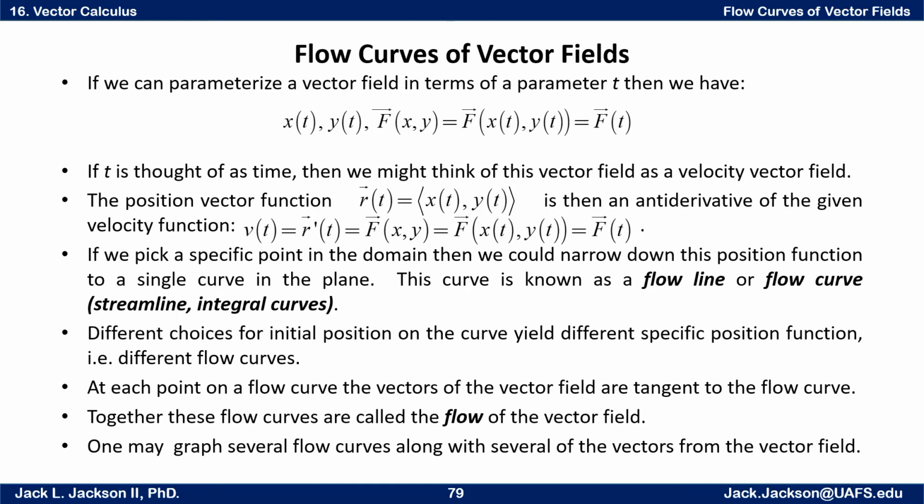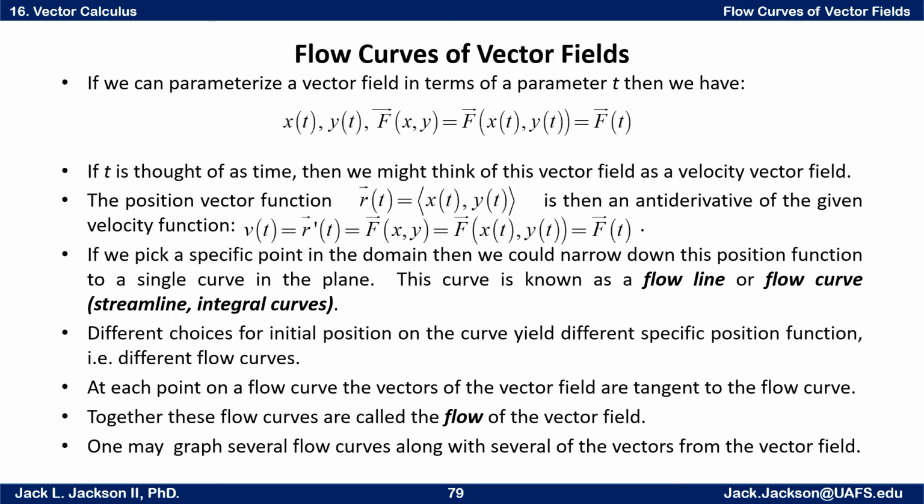And what we should see is then that the velocity vectors, that is the original vector field f, are always going to be tangent to those flow curves. If you start with the tip or the tail on the curve itself, then the original vector field will be a tangent vector at that point. And we'll have those all the way along.